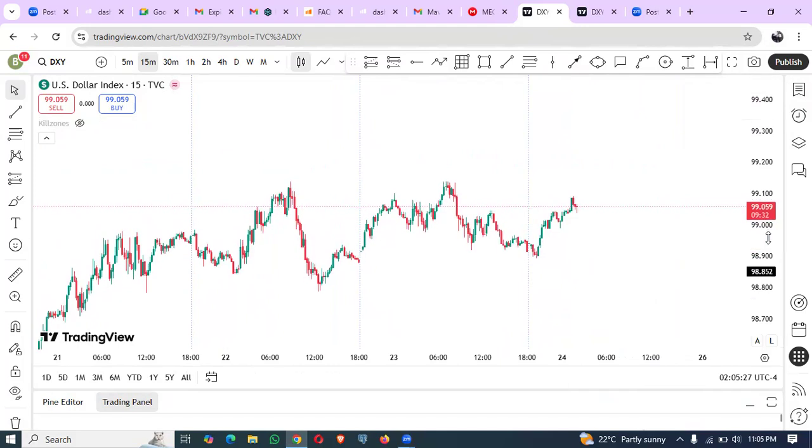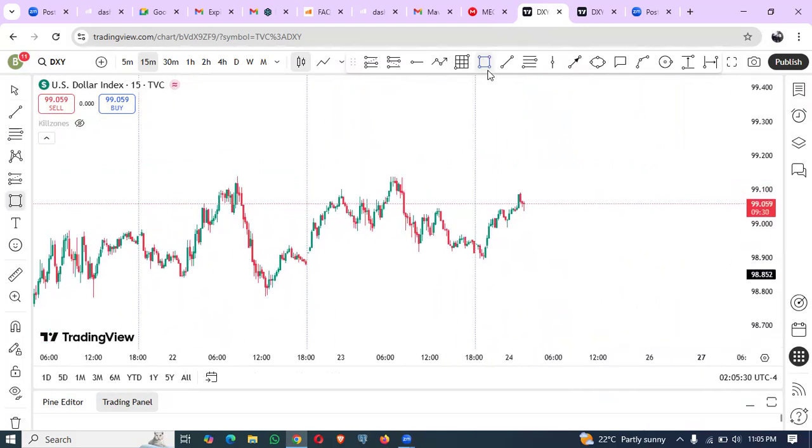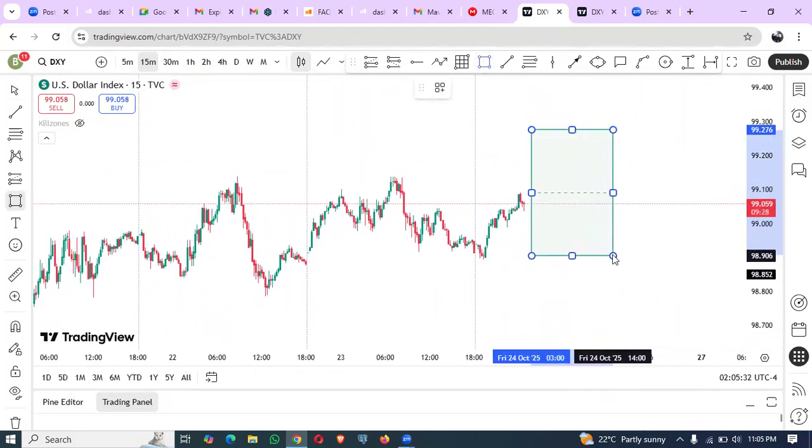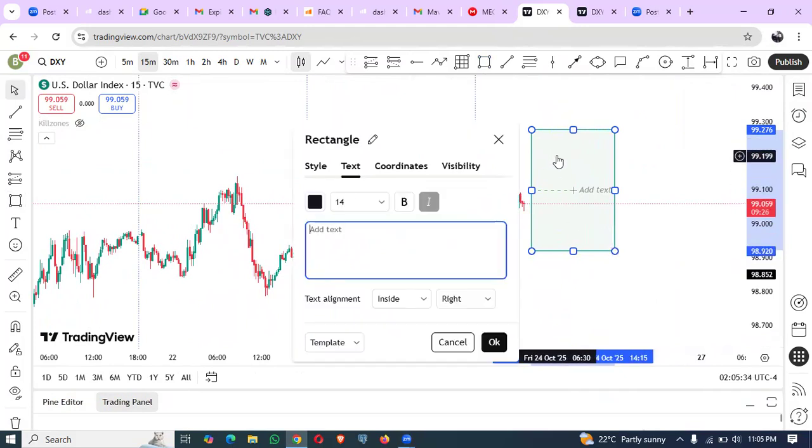Earlier we talked about the four candles that move the markets: one, the doji; two, the hammer; three, the three candle formation; and four, the engulfing candle.